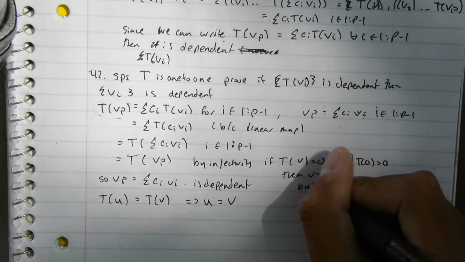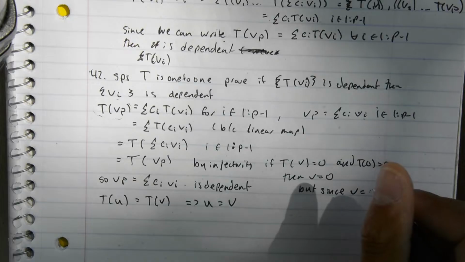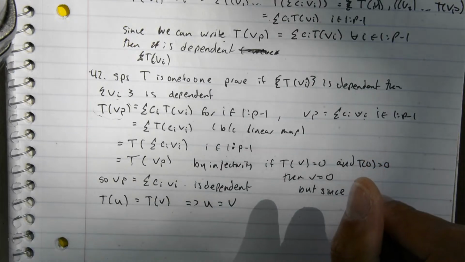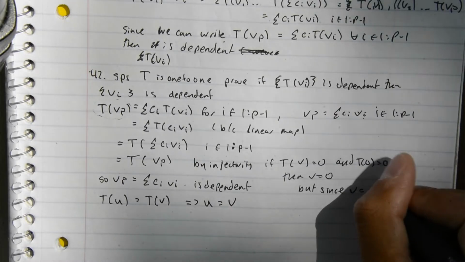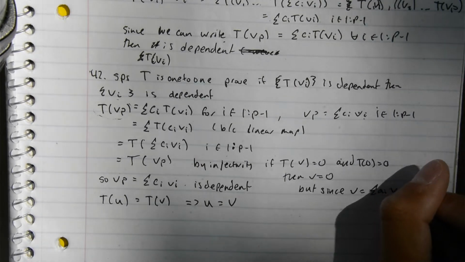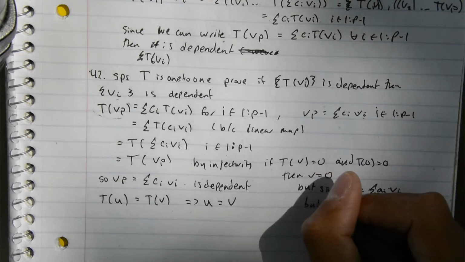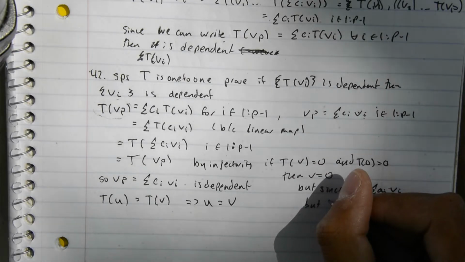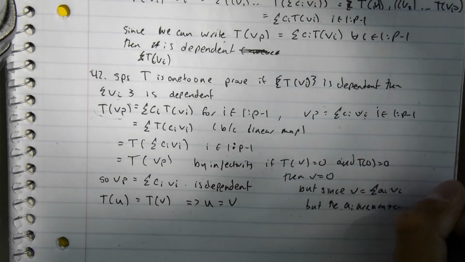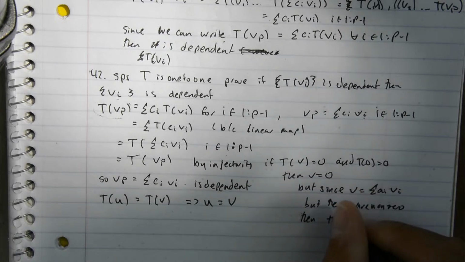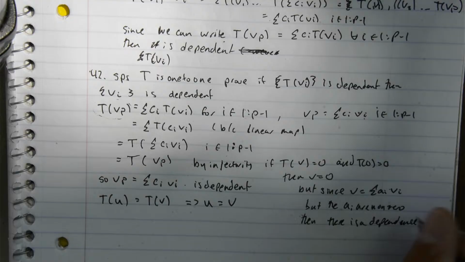But since V is equal to a sum of Ai Vi, but the Ai are non-zero, then there is a dependence. That was the best one yet.